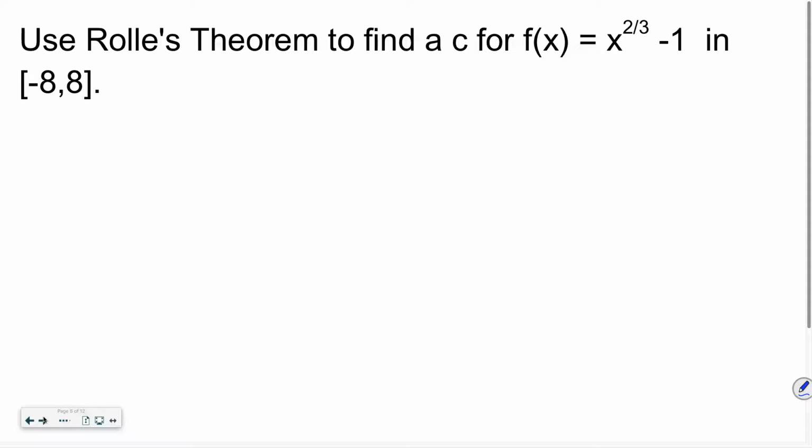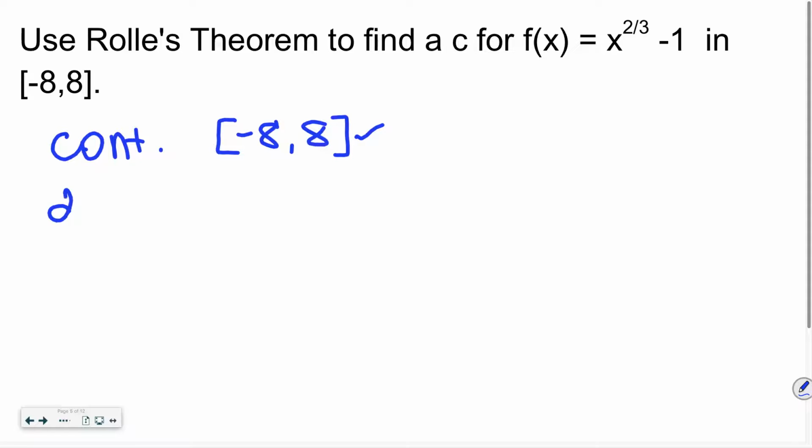Okay. Is this function continuous from -8 to 8? We're not going to have any asymptotes or anything like that, right? We don't have a rational. We're not having any holes. We're good.